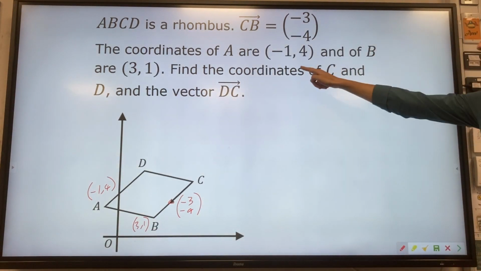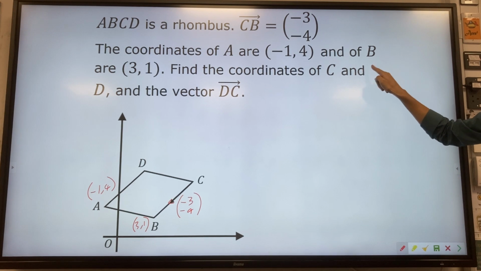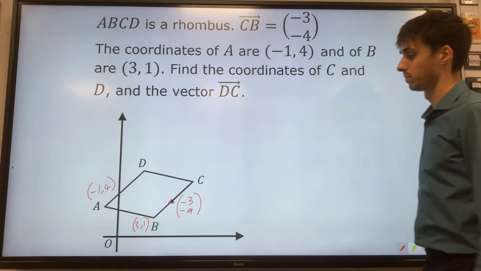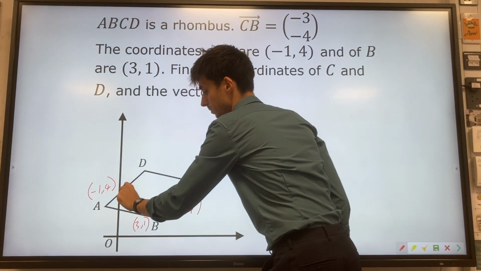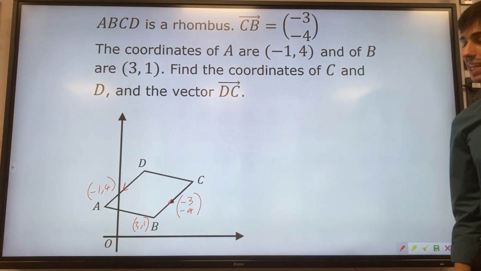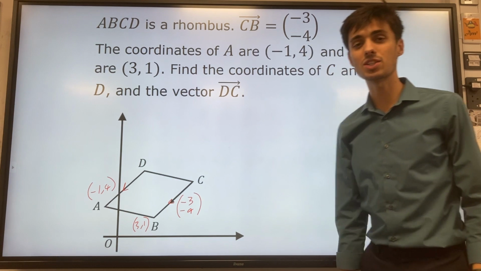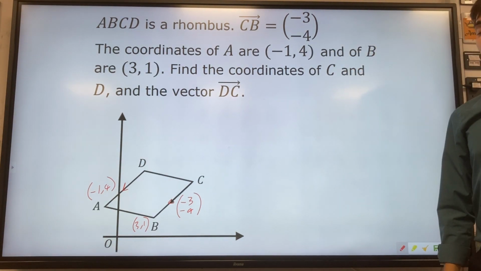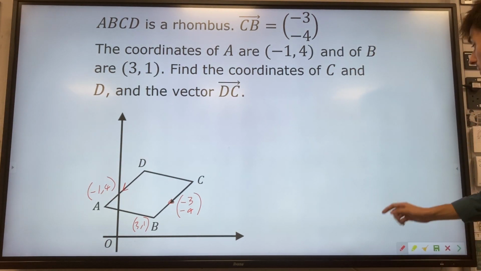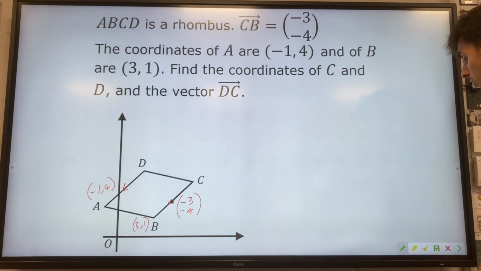Okay, coordinates of C and D, let's find those. This is a little bit more tricky, this one, because our vector is pointing in the opposite direction. So what we need to do is reverse the direction of that vector, first of all.